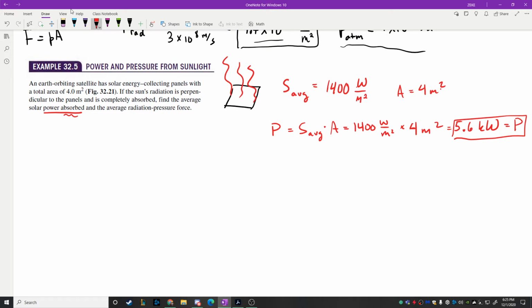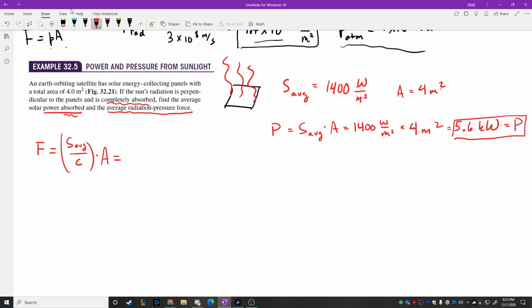Who knows? All right. The second part of this is to find the average radiation pressure force. So to get the force, you take pressure times area, right? And the pressure was S over C. So you take S average divided by C. It says that it's completely absorbed. So you take S average over C, that's the radiation pressure, and we multiply by the area.